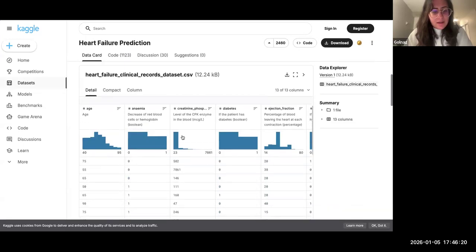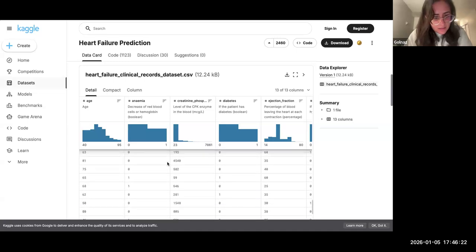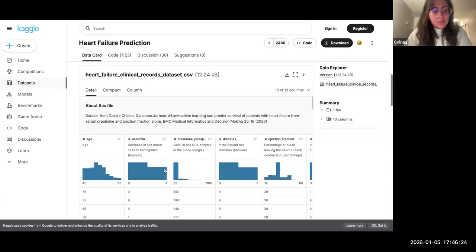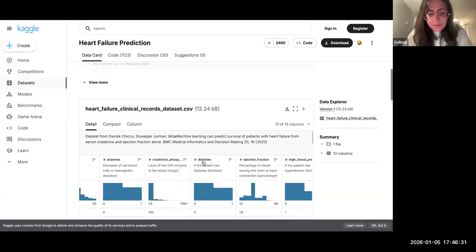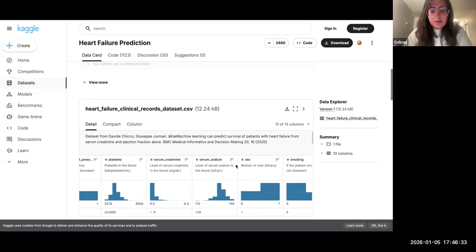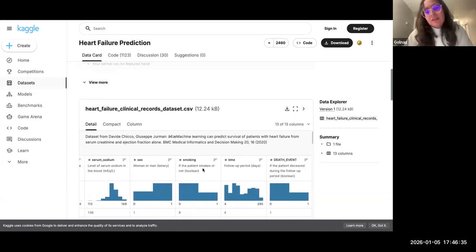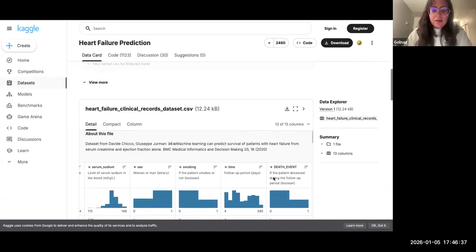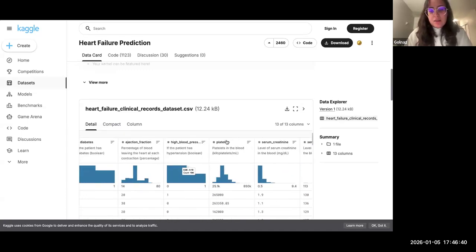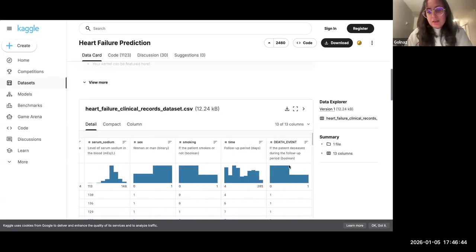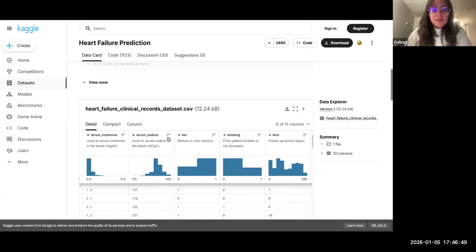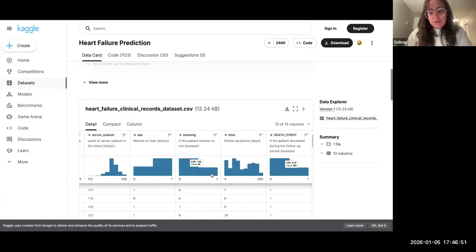So basically they've collected data on people, and it's different information: age, if they had anemia, if they had diabetes, if they smoked. These first columns are called the features of the problem, and the last column is the death event, if the patient died and they had these characteristics.